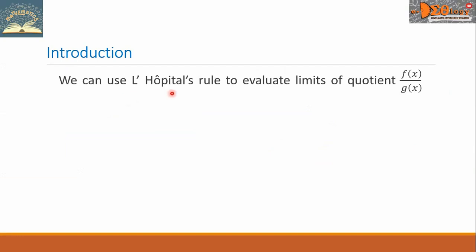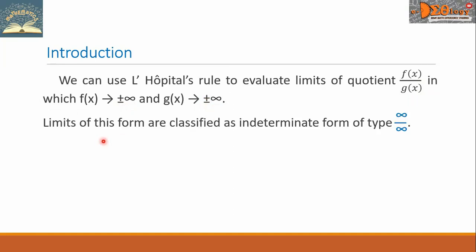We can use L'Hopital's rule to evaluate limits of a quotient f of x over g of x, in which f of x approaches positive or negative infinity and g of x approaches positive or negative infinity. Limits of this form are classified as indeterminate form of type infinity over infinity.